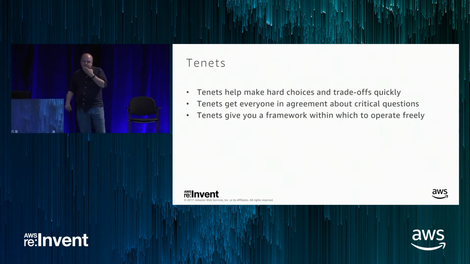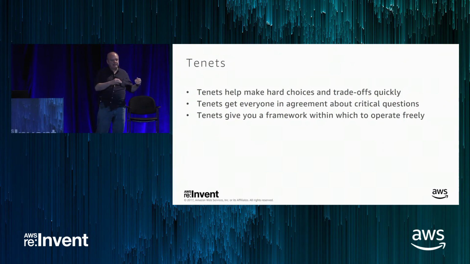So tenets. What are tenets? Tenets should be the thing that makes somewhat ambiguous trade-offs easier to maneuver. So it's a framework for having a conversation. So I want the tenets to be able to bring in a new software development engineer, put them on a project, have them read and understand the tenets, and then go have a conversation with a vice president of a department and say, well, no, we can't do this or that because of these reasons.